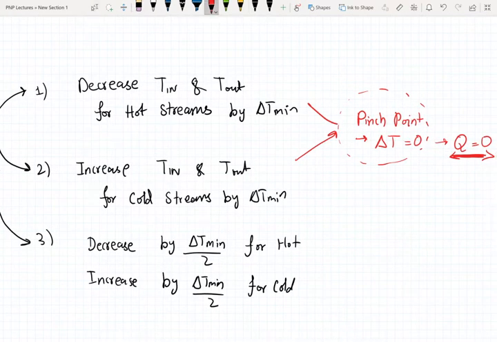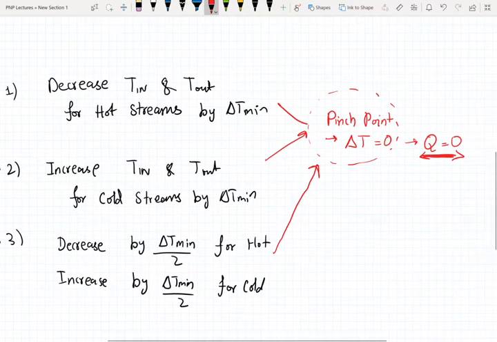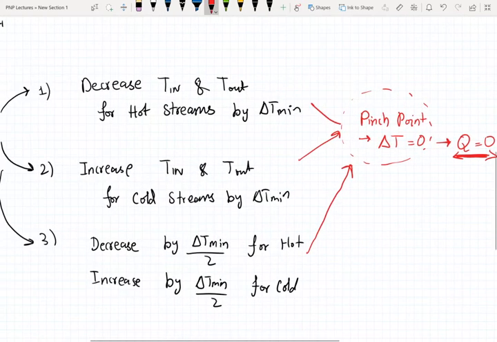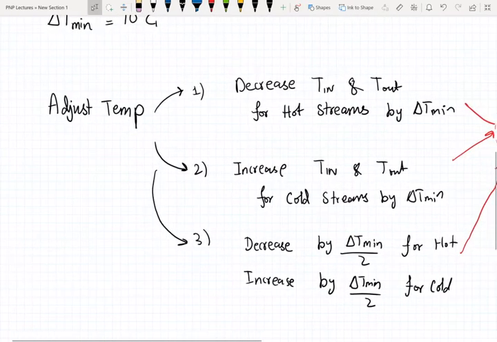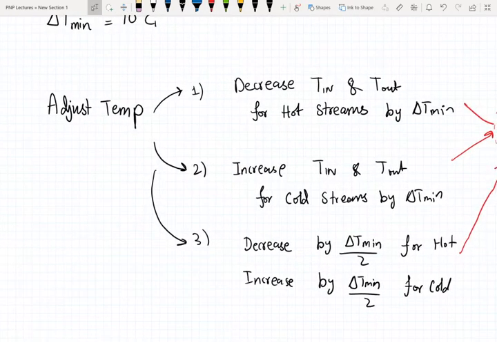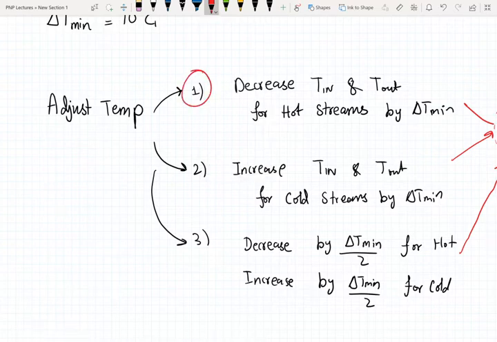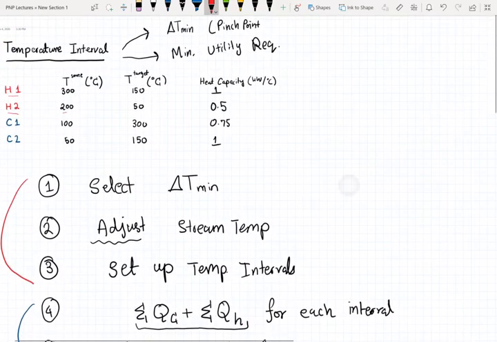And once again, this is following the same principle where the pinch point must have a temperature difference of 0, which consequently leads to the fact that the heat transfer across the pinch is going to be 0. And since all these three methods are equivalent, this should give the same final answer. So for the sake of this problem, we're going to go with the first option. We're going to be decreasing the inlet and outlet temperature of our hot streams.